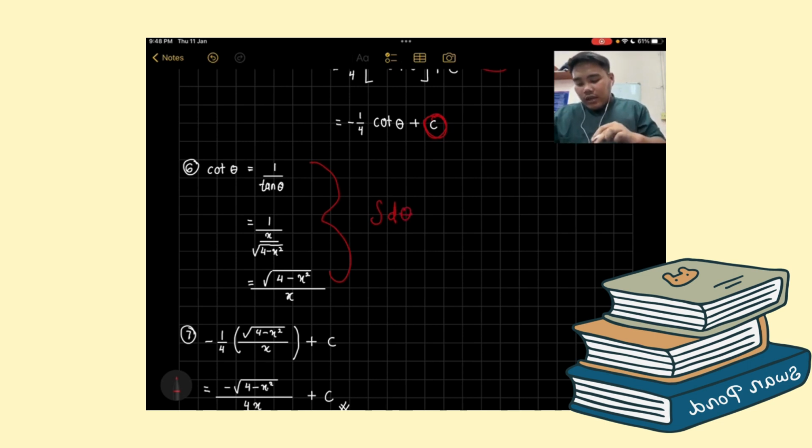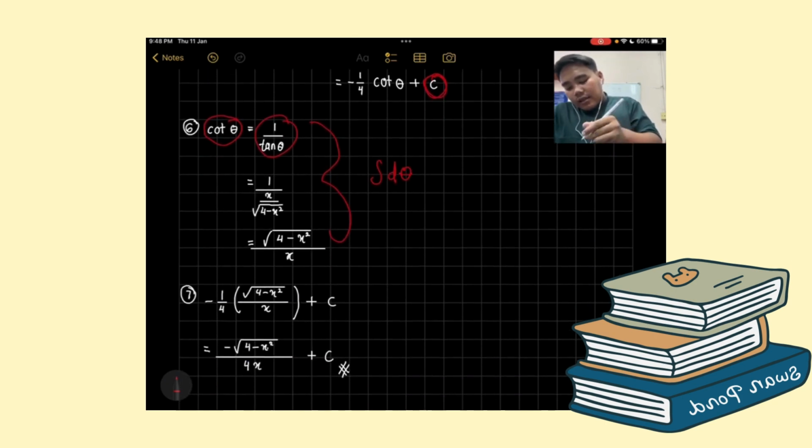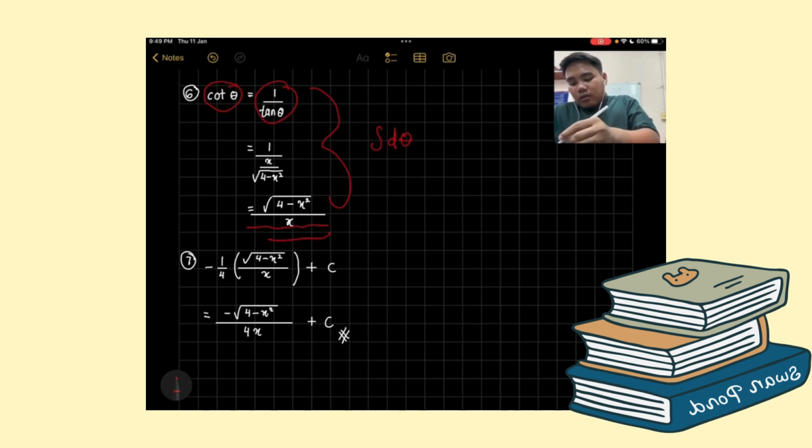The formula of cot theta is equal to 1 over tan theta. So the answer that we get is square root of 4 minus x squared over x. In this equation, we just need to bring this to the top, and the x stays here.